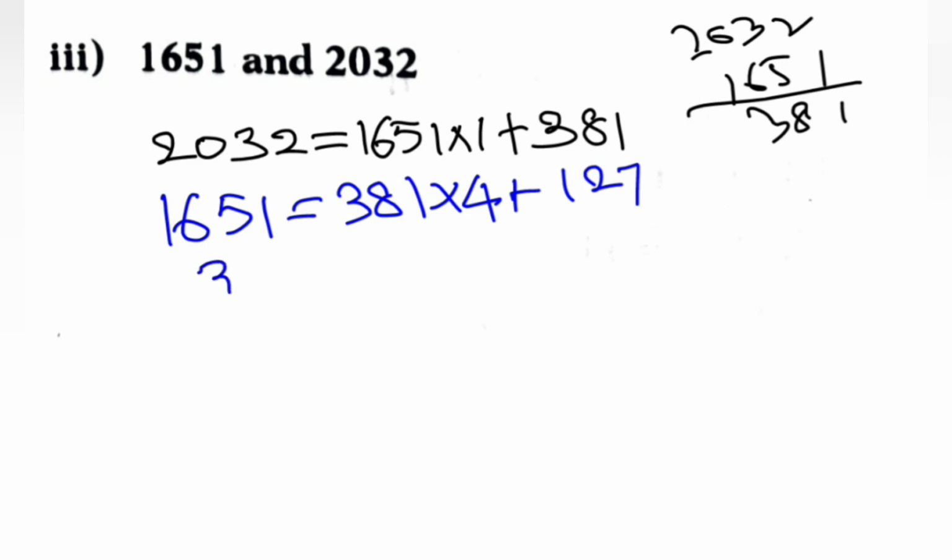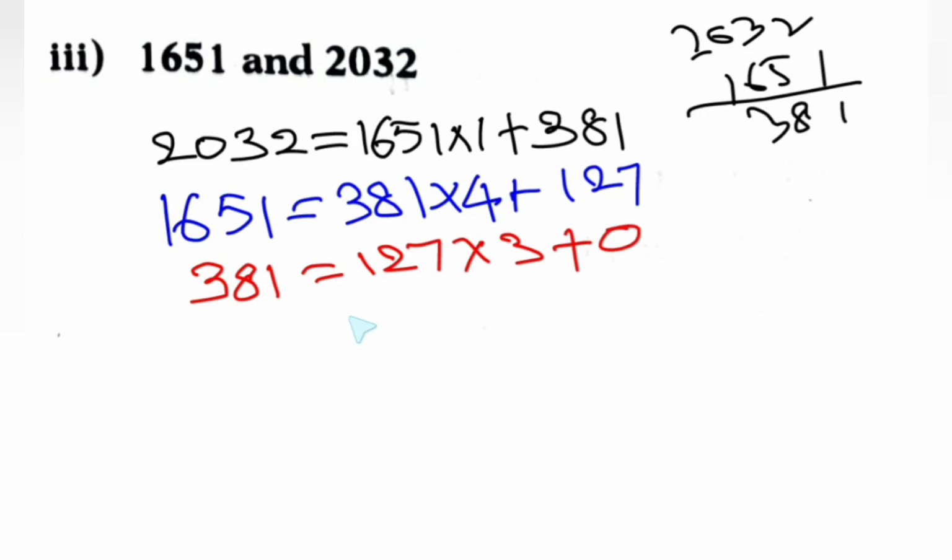Again continue the same. 381 is equal to 127 into 3 times. 3 sevens are 21, 3 twos are 6 plus 2 is 8, 3 ones are 3, so 381, remainder 0.